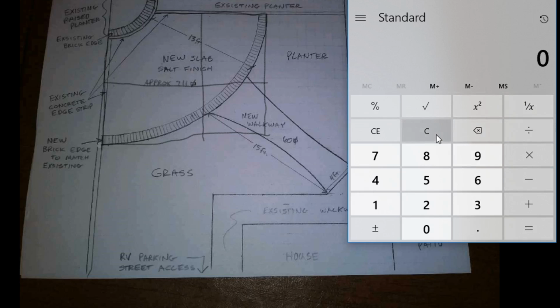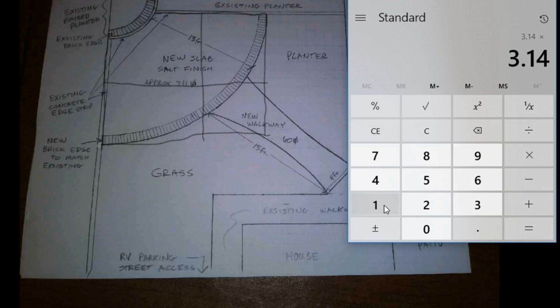Or you can do it the longer way, the more traditional method, which is pi, 3.14, times the radius squared, and the radius would be half the circle. The full circle of this, if it was a full circle, would be 36 in diameter, but the radius is only half, so we're only dealing with 18 feet.